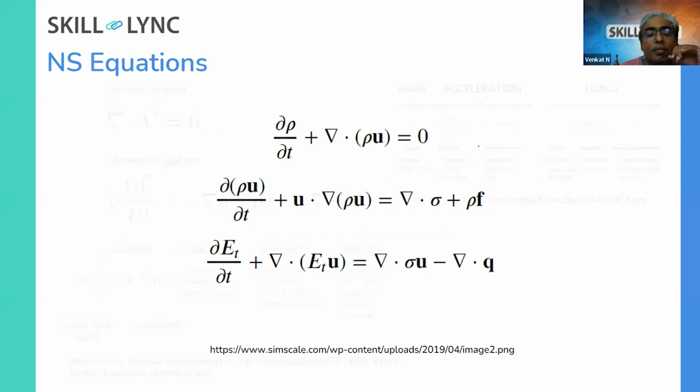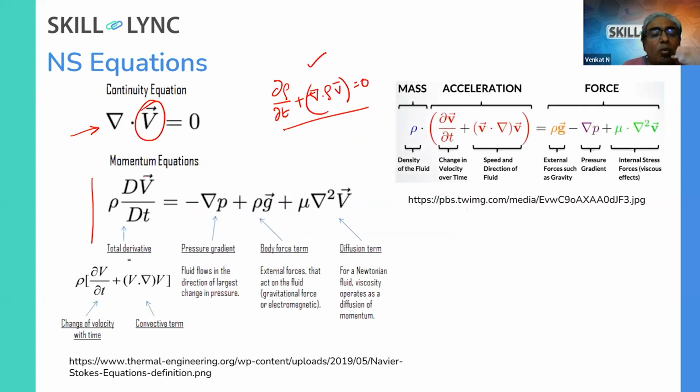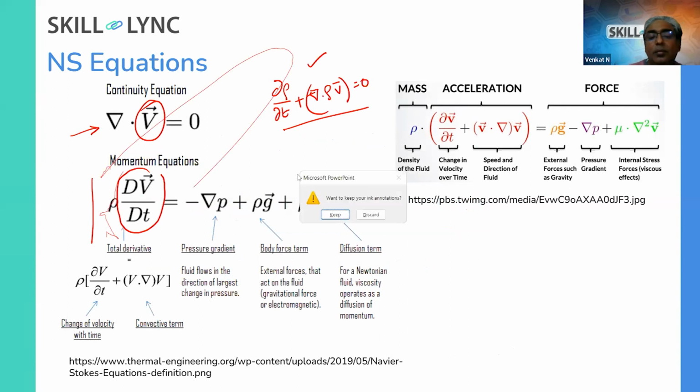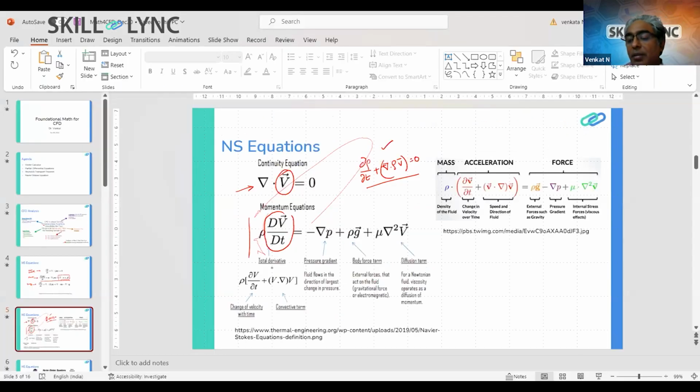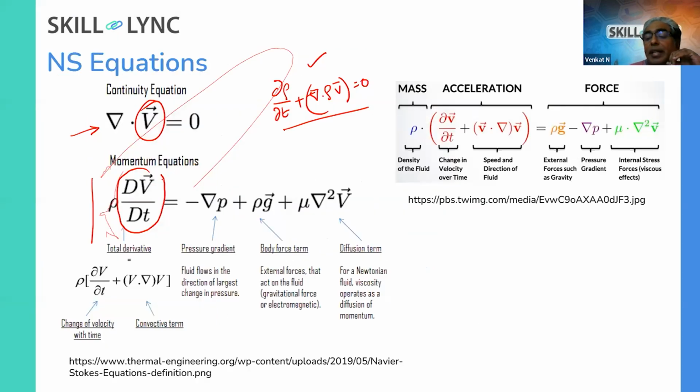So here, what is this derivative called? Can anyone tell me? Capital D V by D t. Substantial derivative. Excellent. So that is the substantial derivative or the material derivative.